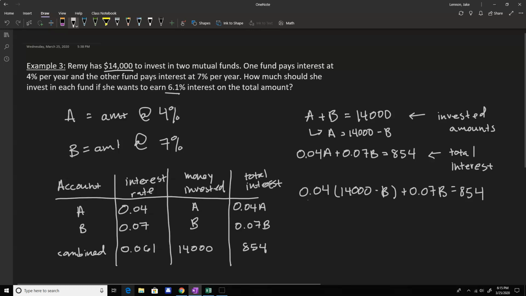Then we want to expand and solve. This is now a linear equation in one letter, something that we've had a lot of practice with. So 0.04 times 14,000 is 560, plus minus 0.04 times B plus 0.07 times B has to equal 854.